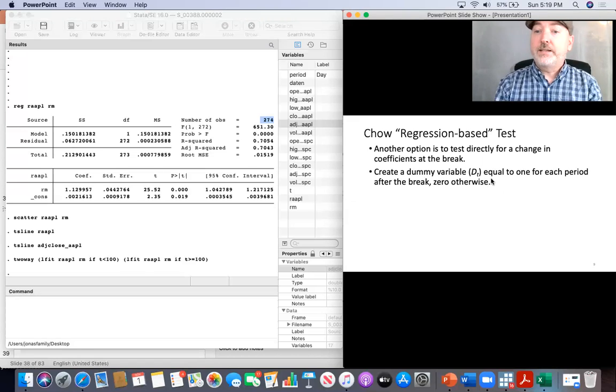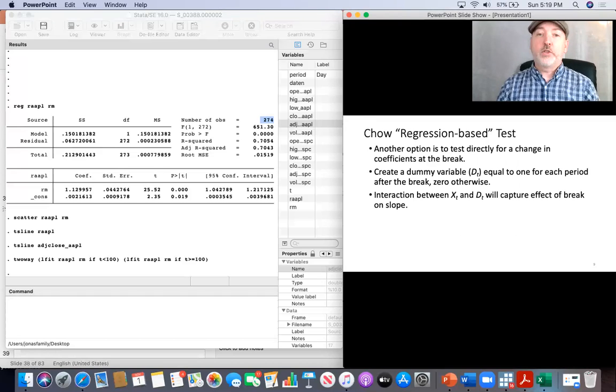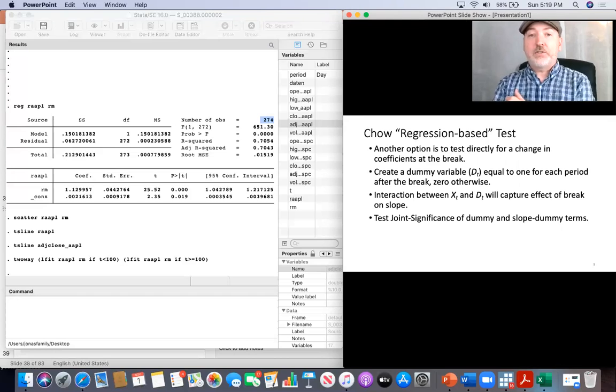So we would create a dummy variable that takes on the value 1 if we are after the break, 0 before the break. Then we would interact that dummy variable with all of our x variables. Again, my example here just has one x variable, but we would do it for everything in the equation. And then we would test the joint significance of all of those terms, the dummy and all of the slope dummies.